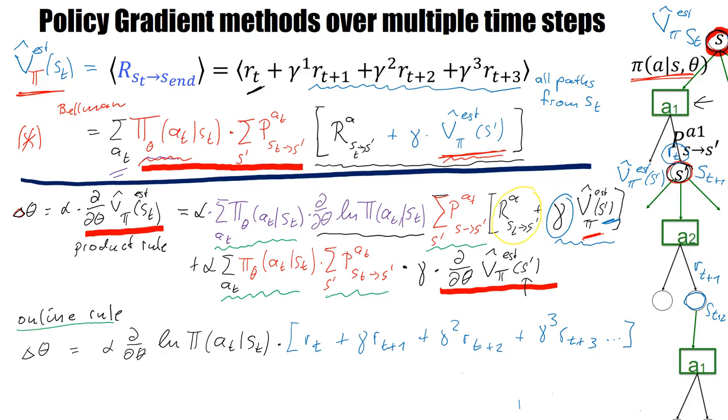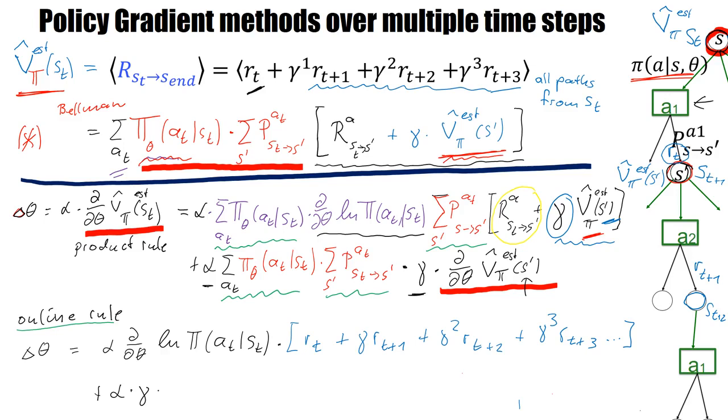Are we done? No. This was the first line of this equation. Now let's continue with the second line. I will write it just below, plus alpha. It's just a copy of this alpha. Then the statistical weights and summations will go away. And then I have a gamma from here. Then we said the term we had estimated at location S prime, taking the derivative of this, is iteratively the same formula as the one we just wrote down.